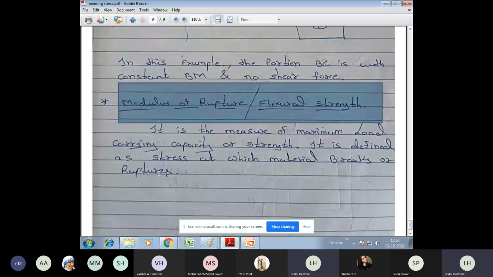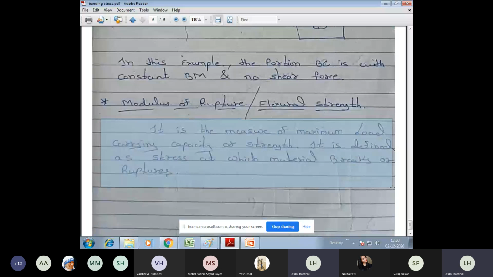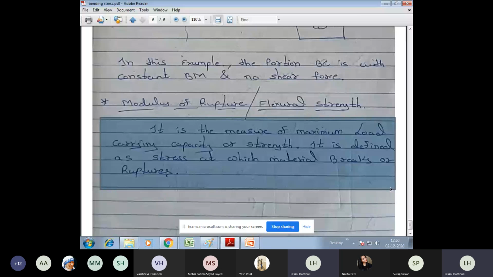If I give you a beam and ask you to calculate the flexural strength, flexural strength is basically bending strength. How much it is able to resist the bending, that is called flexural strength. To speak in general, if I give you a beam and you apply the load, how much your beam is going to resist the bending or the deformation, that is termed as flexural strength. To define this in a technical way, it is a measure of maximum load carrying capacity.